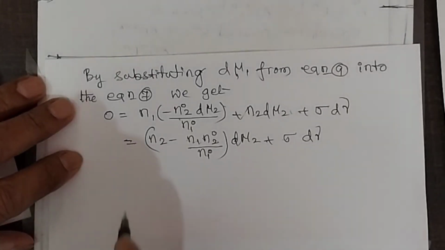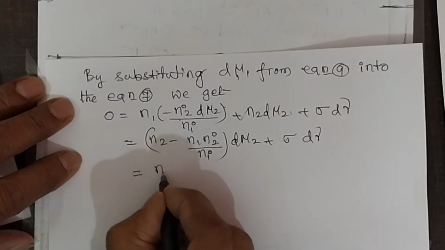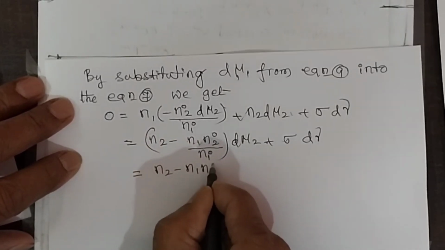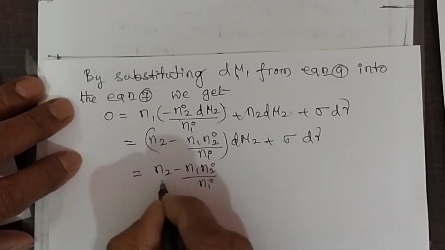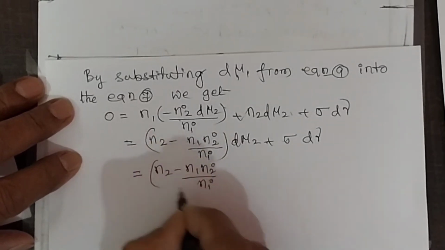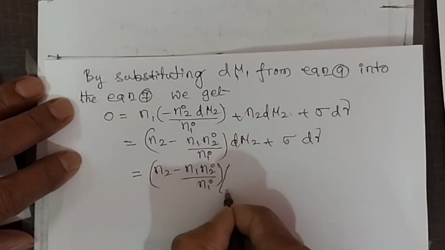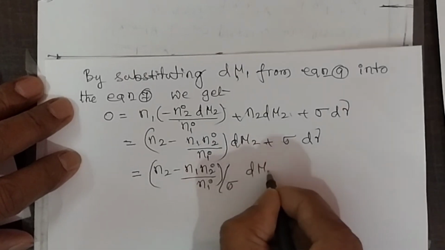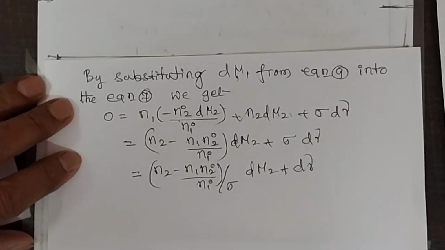Then on rearranging, 0 equals n2 minus n1 n2 naught divided by n1 naught into d mu2 plus rho d gamma. Dividing both sides of this equation by rho, we get n2 minus n1 n2 naught divided by n1 naught, divided by rho, d mu2 plus d gamma.